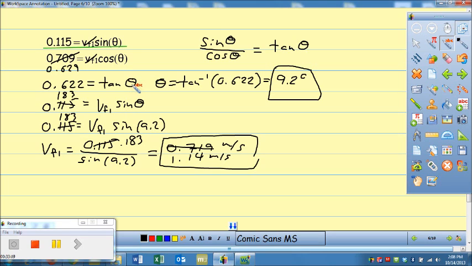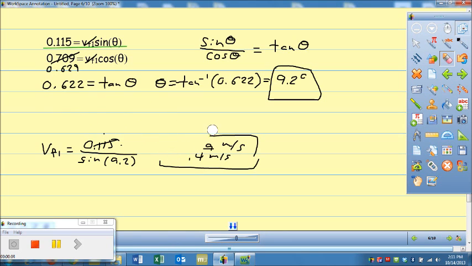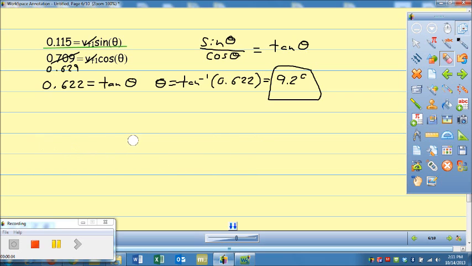0.115 divided by 0.629. If I pause again. Okay, I see what happened. Sorry, everybody. Let's just back up here. All right, so 0.115 divided by 0.629 is 0.182.